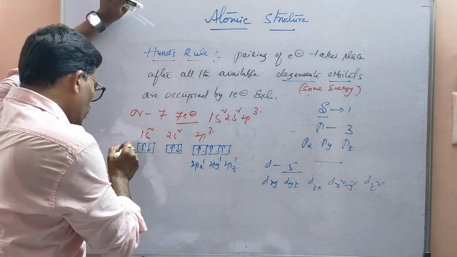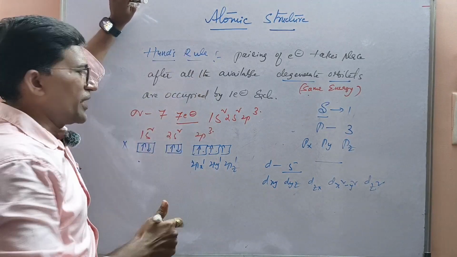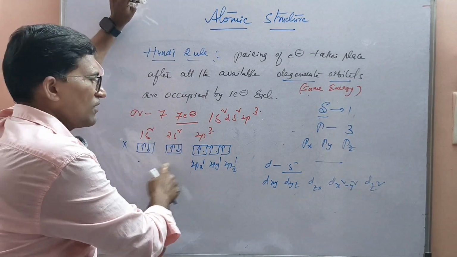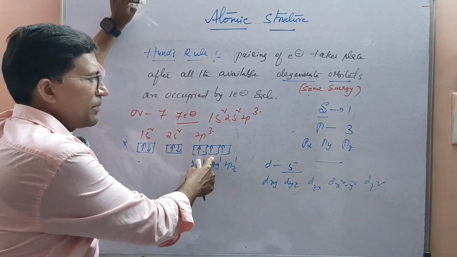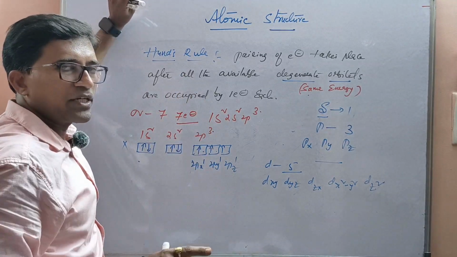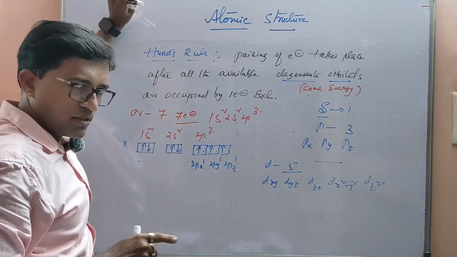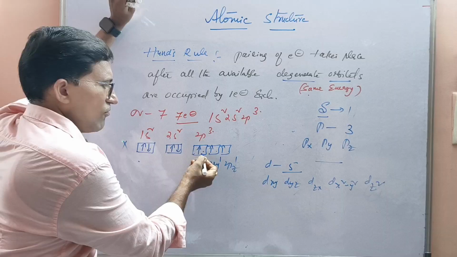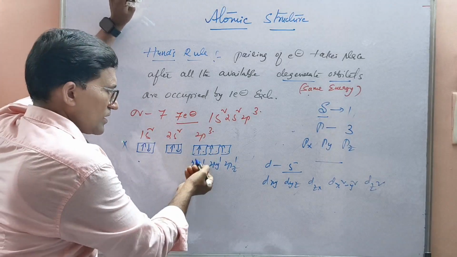Understood? If you write the configuration like this, it becomes a much more stable configuration. Nitrogen is more stable because of the half-filled p orbital. Atoms with half-filled or fully filled configurations are more stable. So 2p3 is half-filled with one electron each. This is according to Hund's rule.